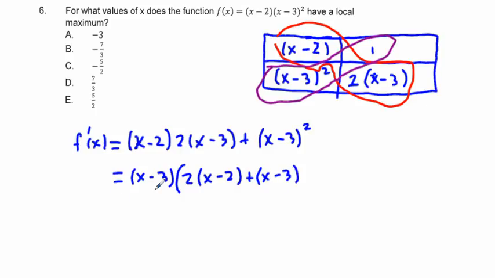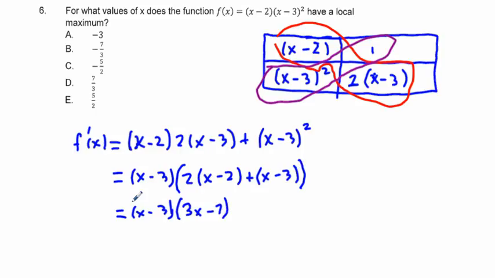Then simplifying the right term, we still have quantity x minus 3 times 2x plus x, which is 3x, and then negative 4 minus 3, which is minus 7.